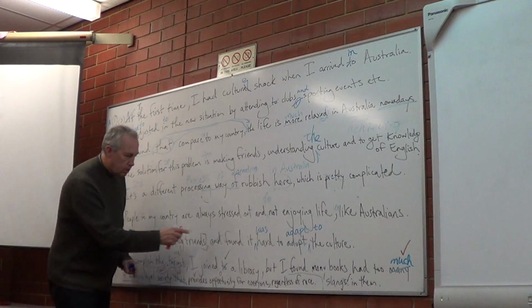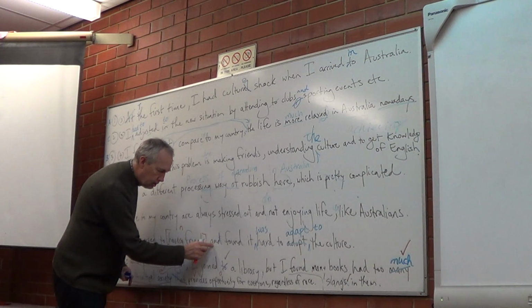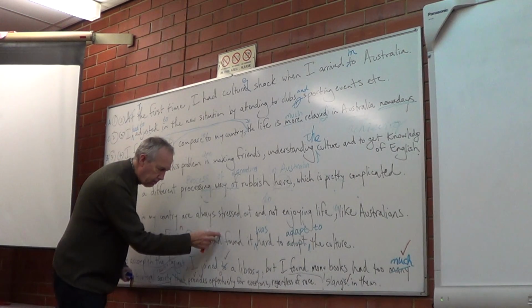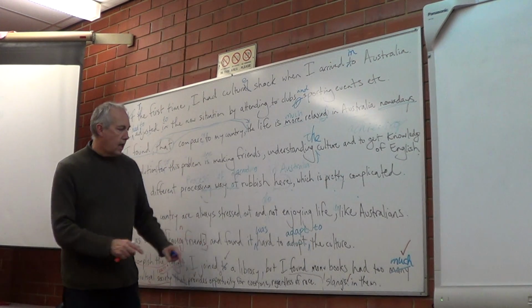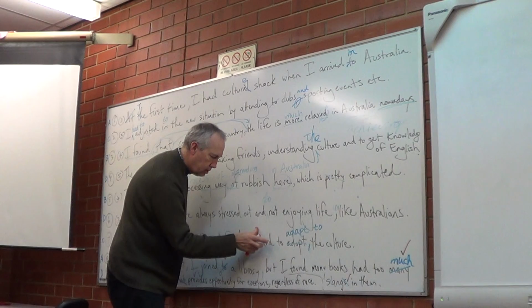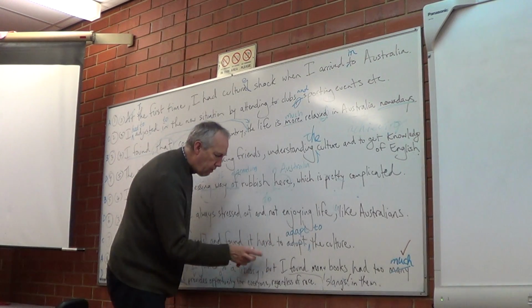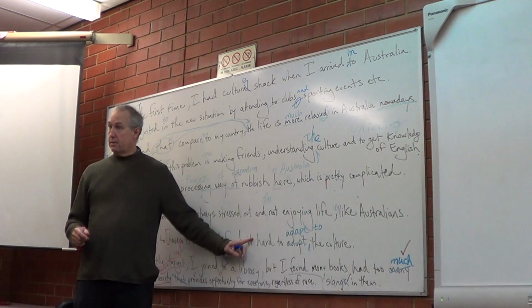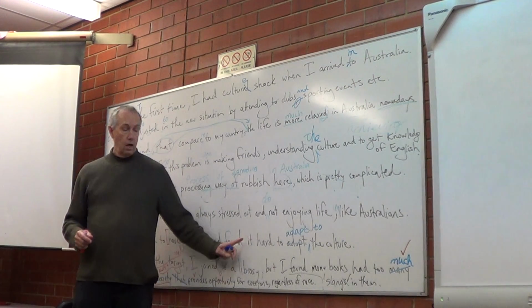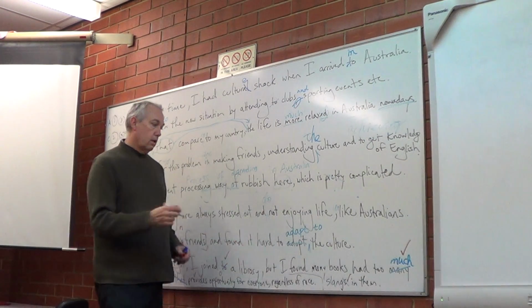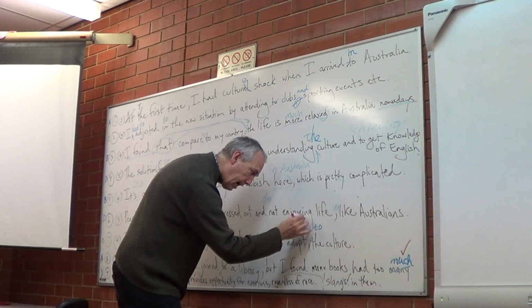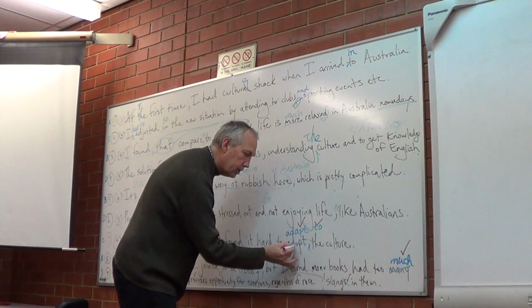And found it, so the and is okay. So would create a different meaning. And found it hard, don't need the was. That is kind of there, but it's ellipsed. But we can keep it ellipsed. Found it hard to, yes, adapt to, correct, not adopt.